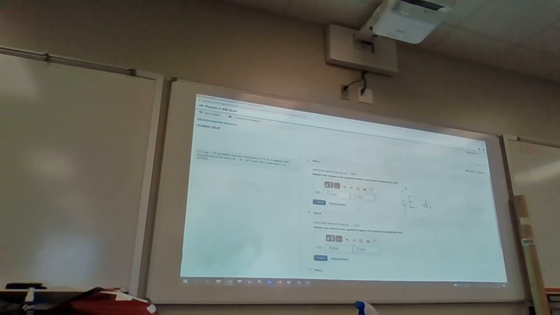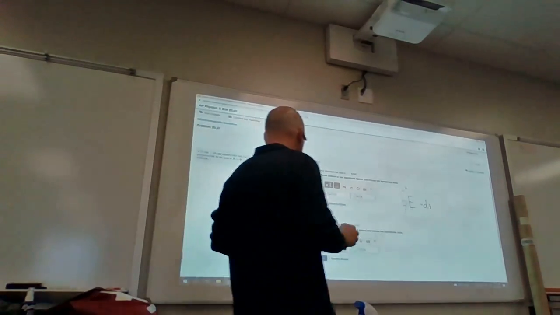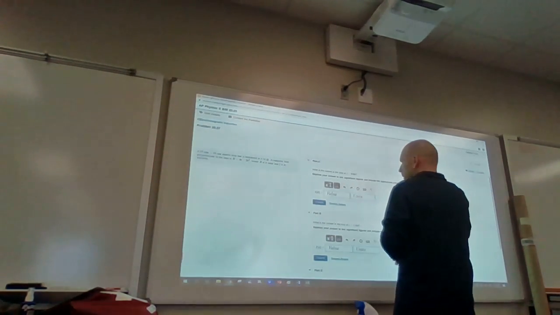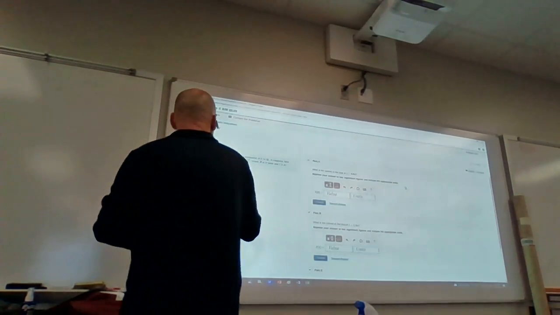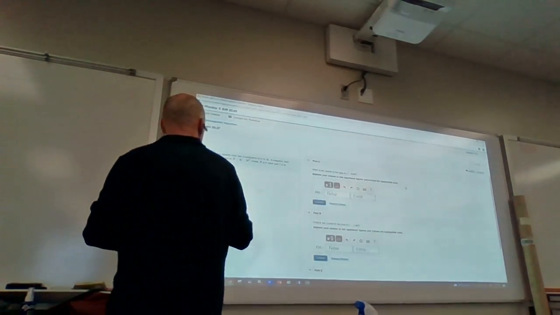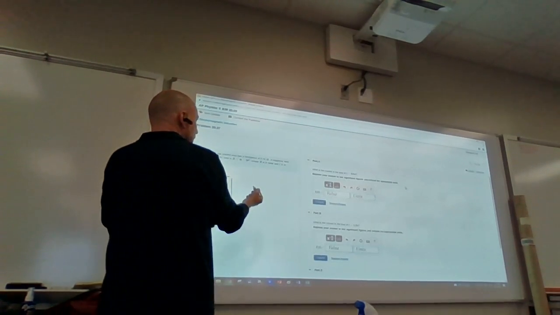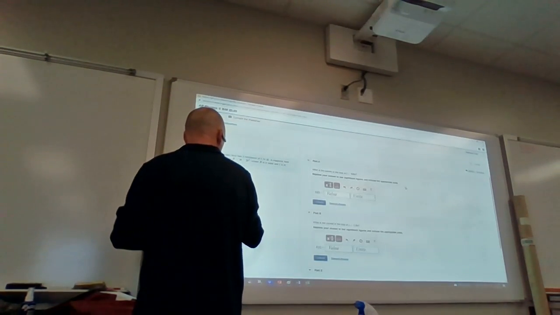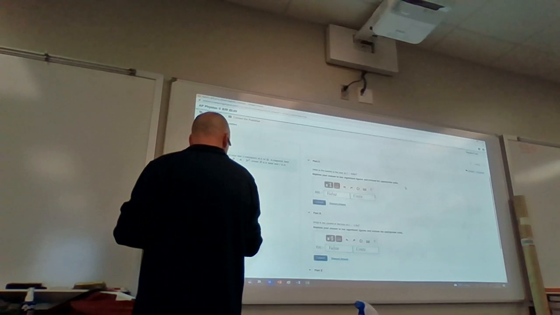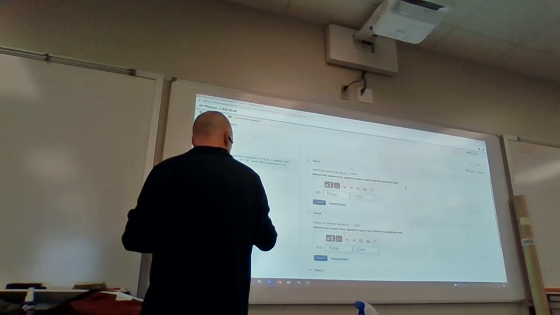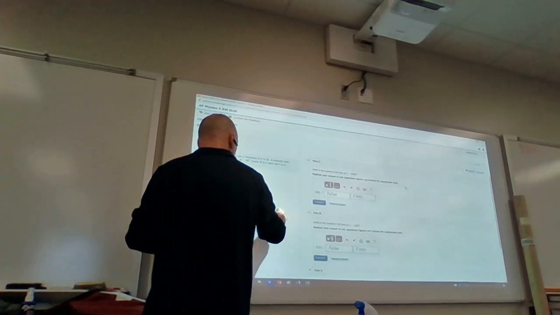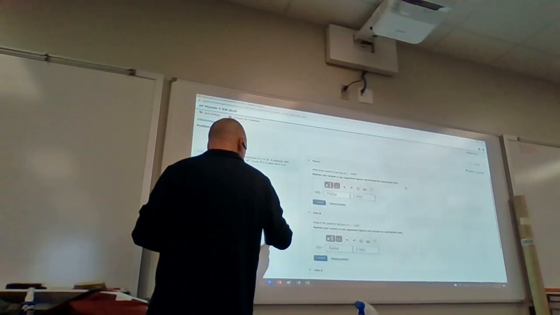Okay, so this is this. You've got a fixed area. So the rate at which flux is changing, and it's one single loop, is going to be equal to your area times the rate at which your magnetic field is changing.